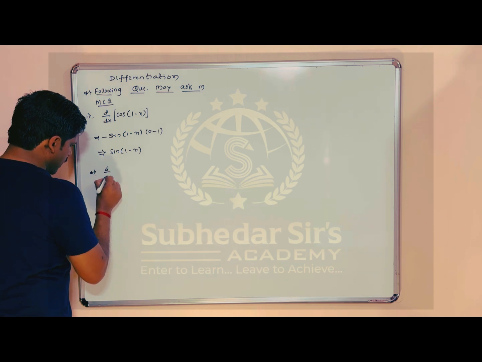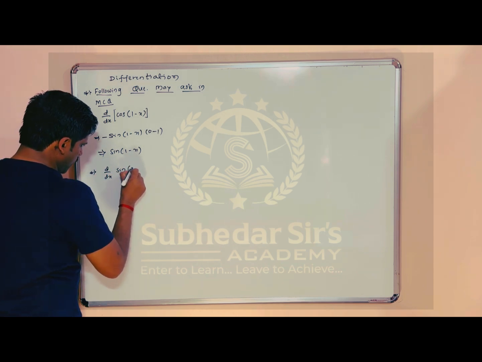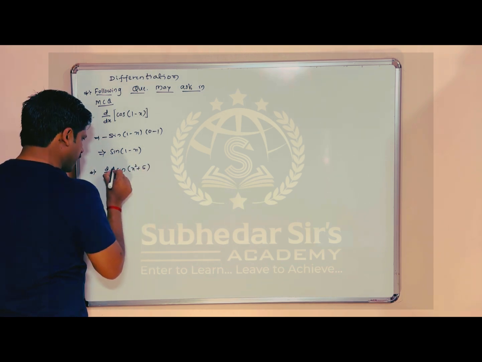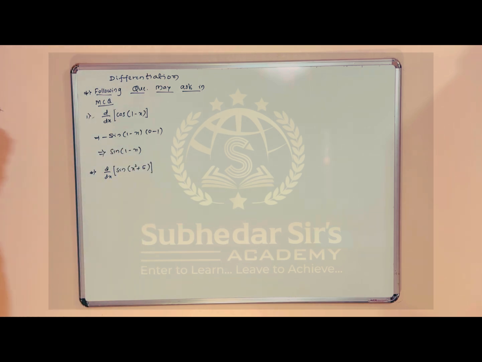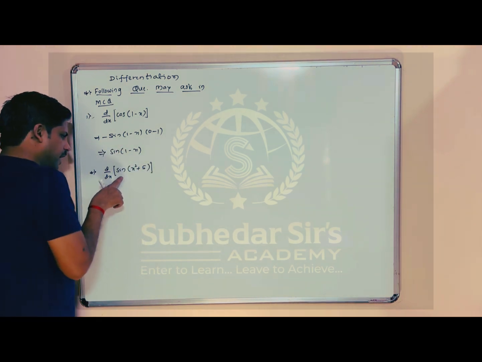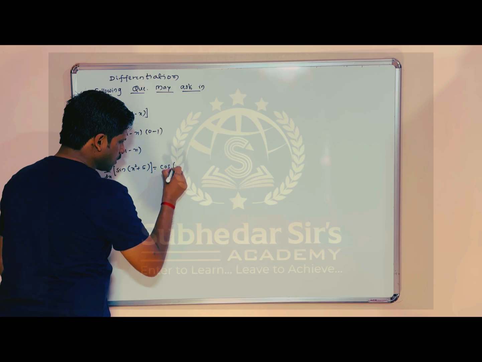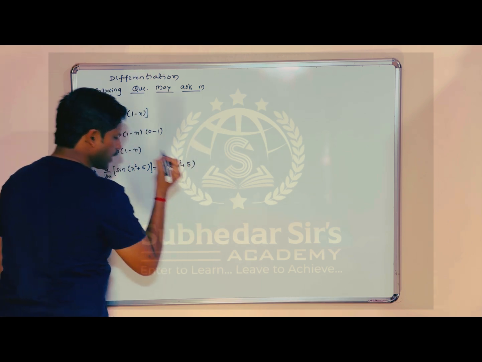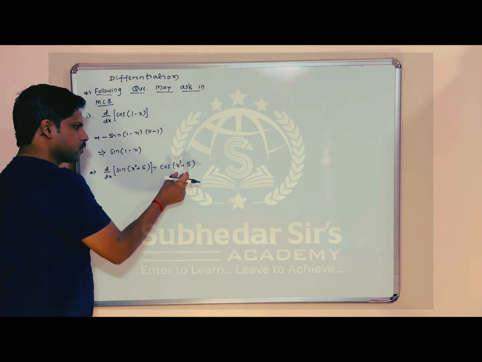Suppose d by dx of sin of x square plus 5. So, what is the derivative of sin of x square plus 5? Sin differentiation is cos, write it first, cos of x square plus 5. Now, differentiate x square plus 5.